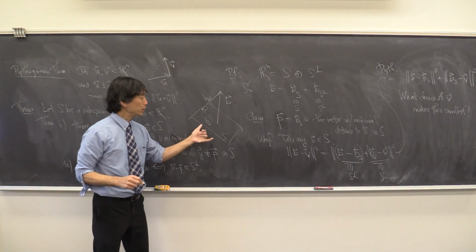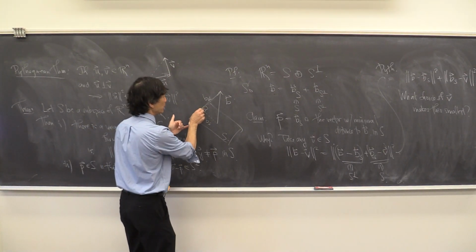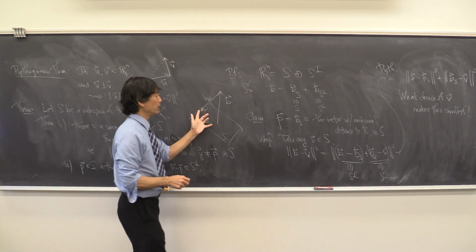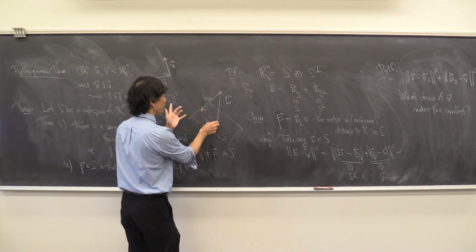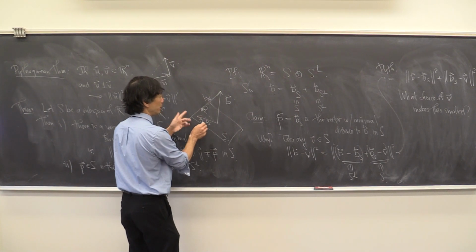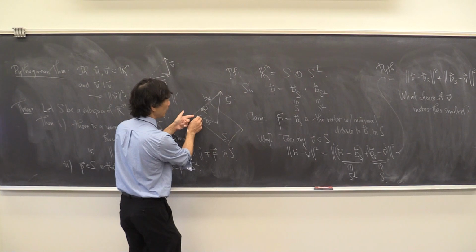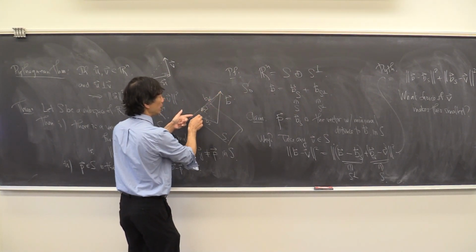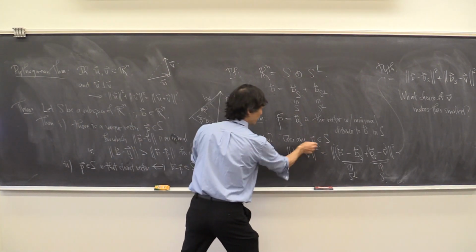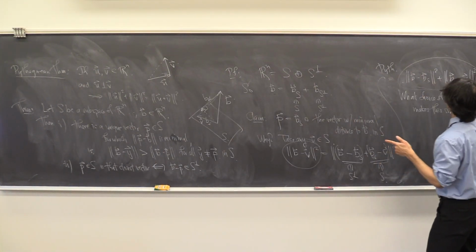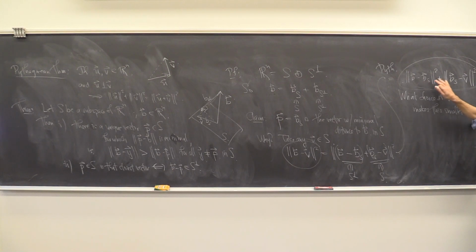We're trying to show that BS is actually the closest we can get. The reason is, if you take any other vector V, then the distance from B to V squared is this thing here. It's the sum of these two positive things.